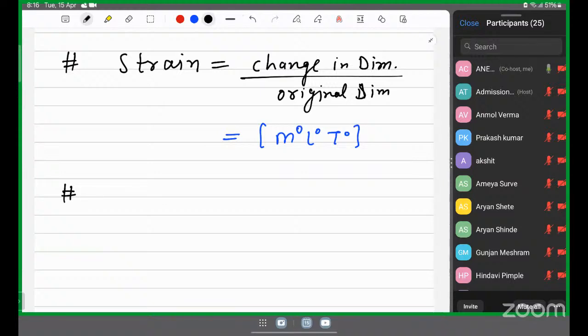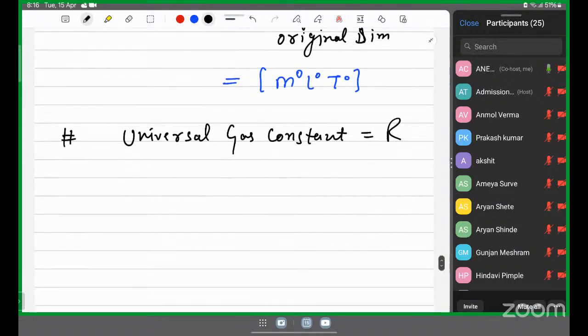That's it. Last one. What will be the dimension of universal gas constant? Universal gas constant is given by R. So we know the ideal gas equation PV is equal to nRT.